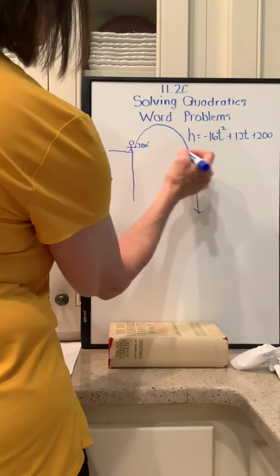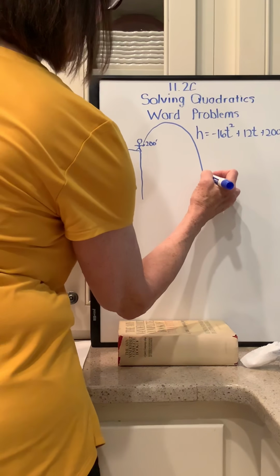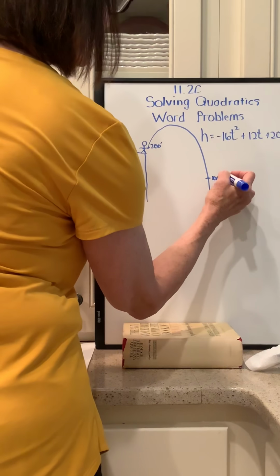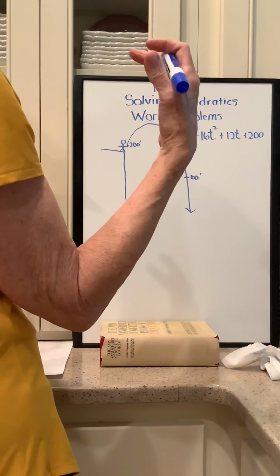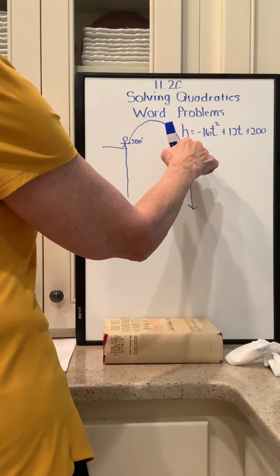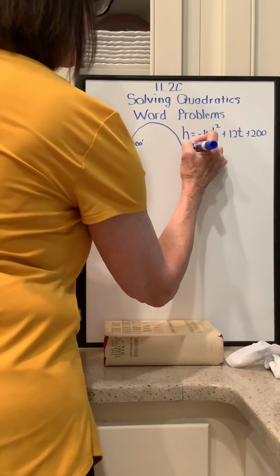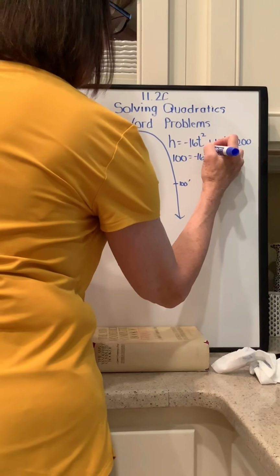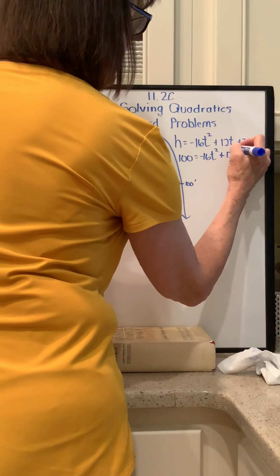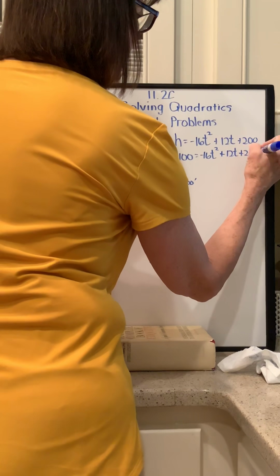If that's 200 feet, I'm thinking right here somewhere is around 100 feet. So we want to know the time, but we know that the height is 100 feet. h is for height. So we're going to do 100 is equal to negative 16t squared plus 12t plus 200.